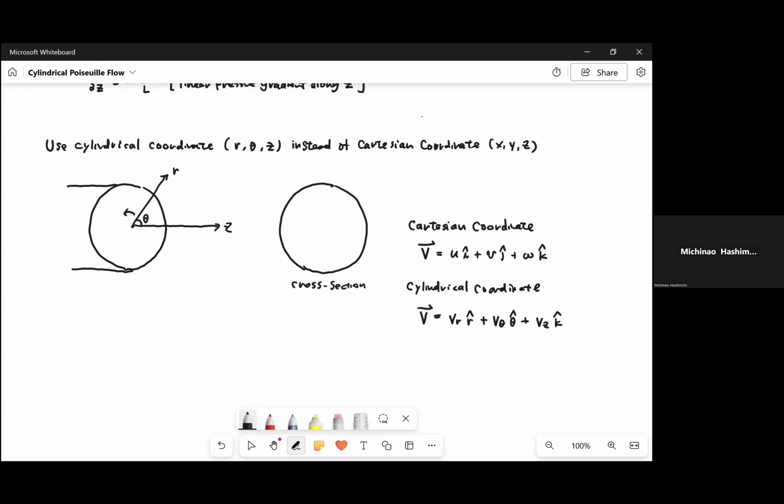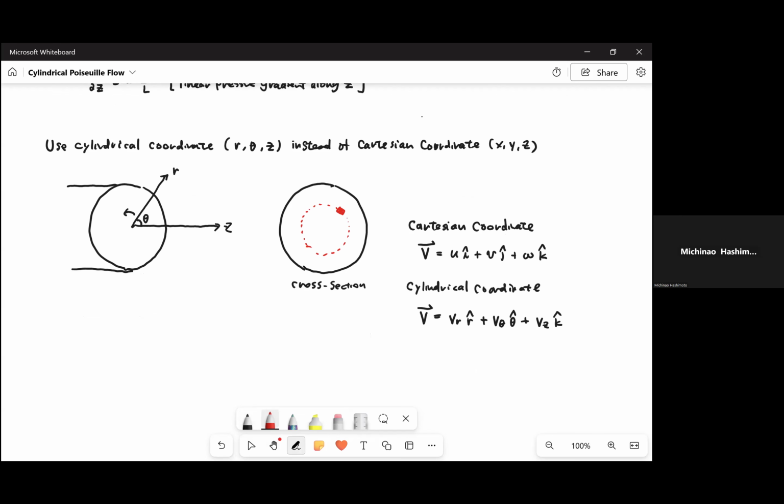The meaning here is, if you take a look at the particular cross section, and let's say we have a fluid particle here.